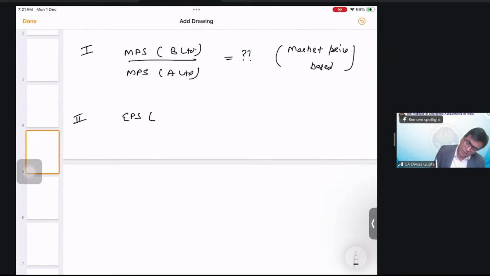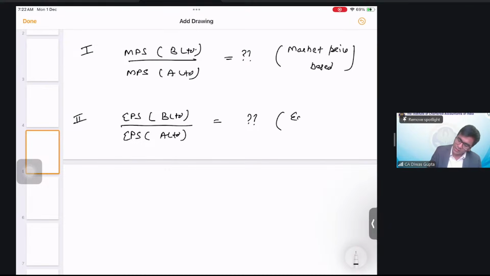Earnings per share, students. If the question specifies that you have to calculate the swap ratio basis earnings per share, then you will take earnings per share of B Limited, again the target company, divided by earnings per share of A Limited and calculate their swap ratios. This is earnings based, students.